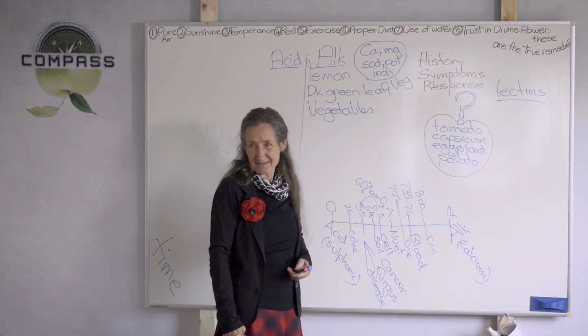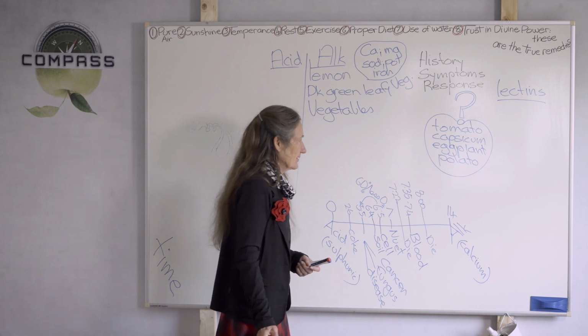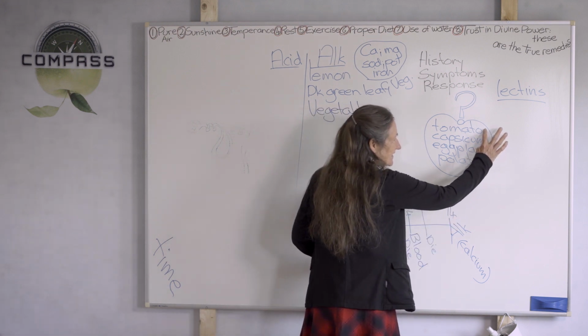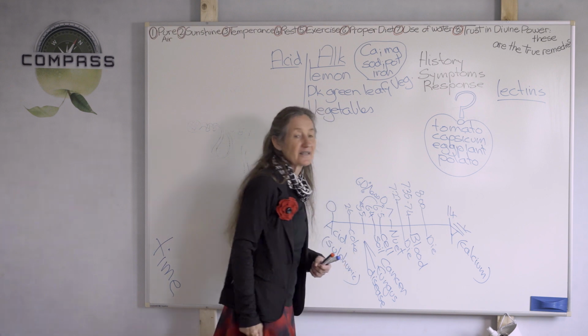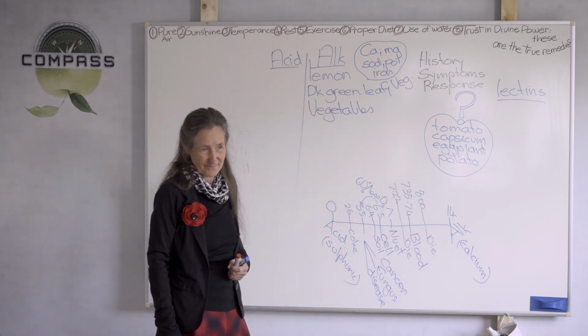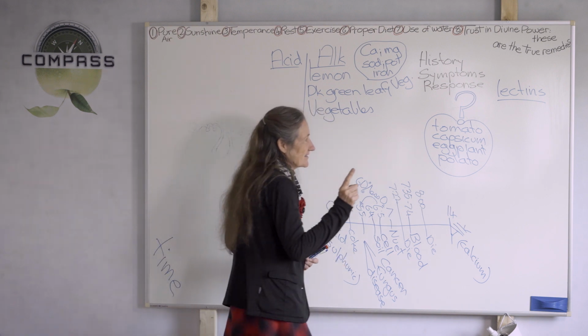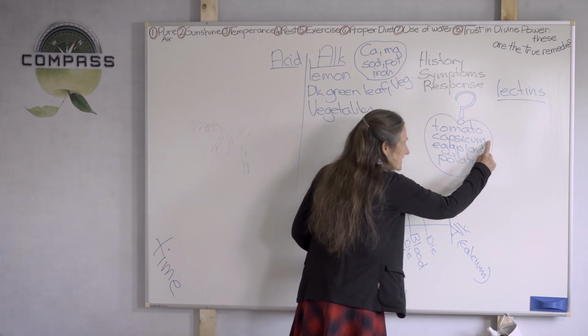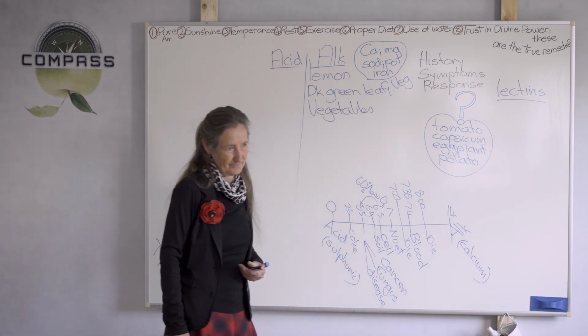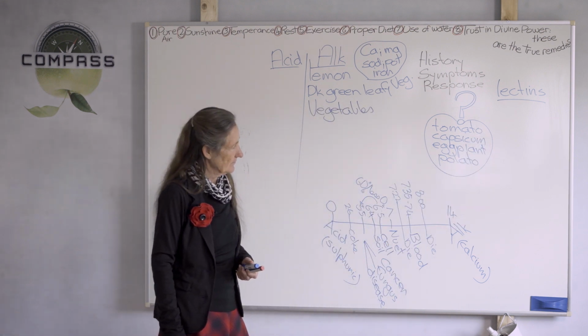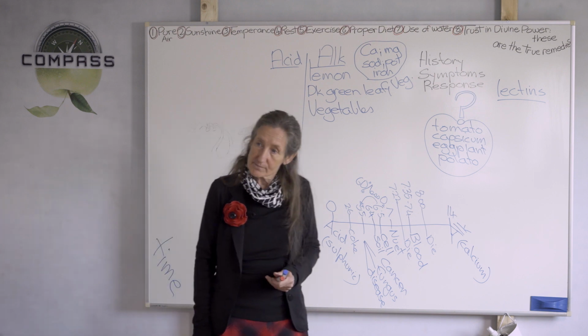But traditionally, in Europe, they would de-seed and de-skin the tomatoes and the capsicum. And what's interesting is the lectins are in the seed. Also in the tomato? Yeah.